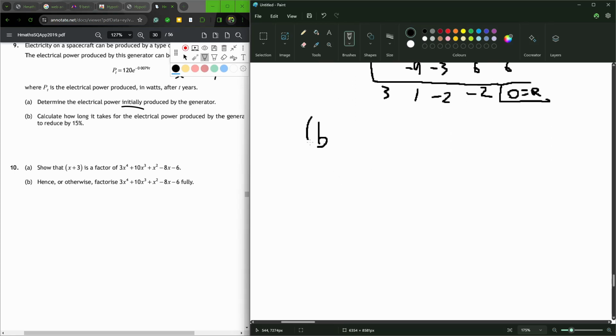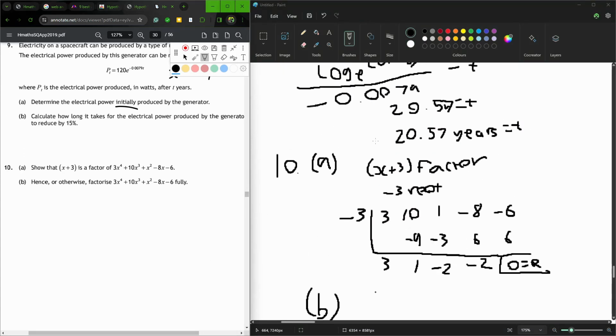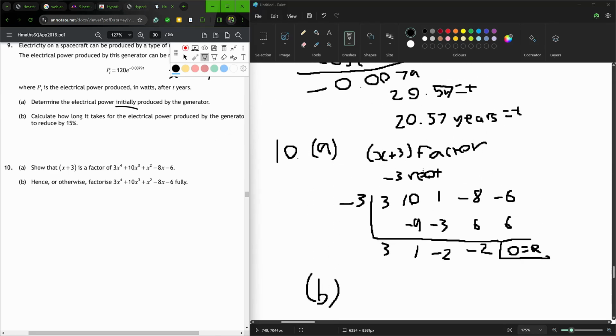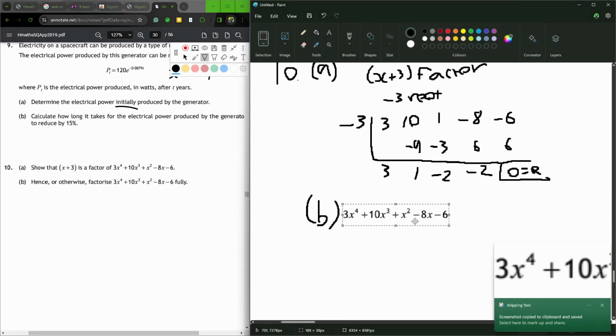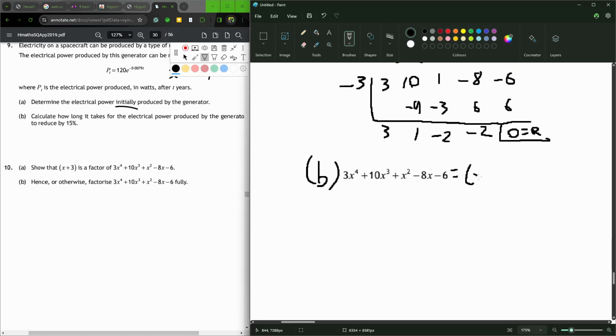Now onto B, and it's a horrific 5 marker. Oh dear. So, factorize this fully. So we know from this that we can represent this, I'll steal this from here just to make things clear, by dividing by its factor x plus 3, because we figured out that that is a factor of it.